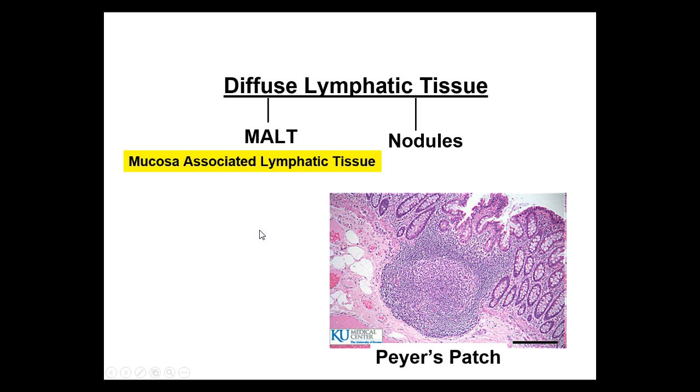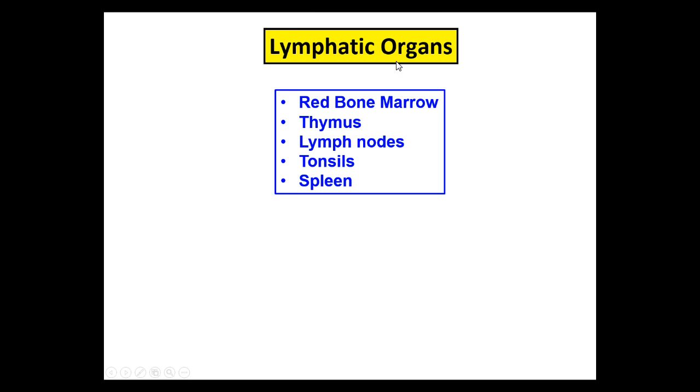So that's what we consider to be diffuse lymphatic tissue. And again, we have that throughout our entire body, under the mucosal layers. Now, the lymphatic organs, I'm going to stop here because these are primarily going to be addressed within the lab setting.